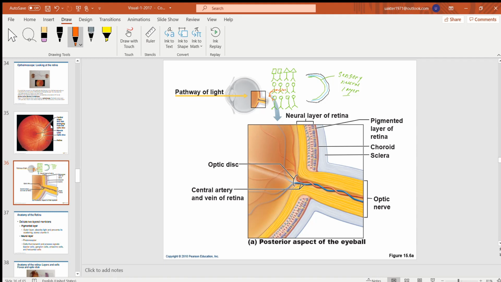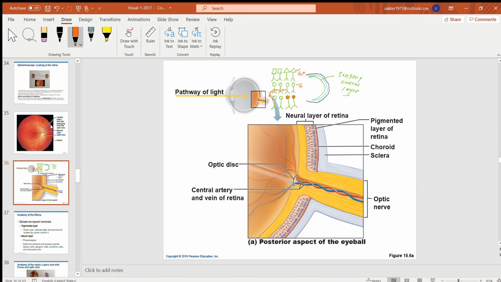Now I am going to talk about the ganglion cells, because in the photoreceptors and bipolar cells, no action potential is generated, only graded potential. We talked about that.